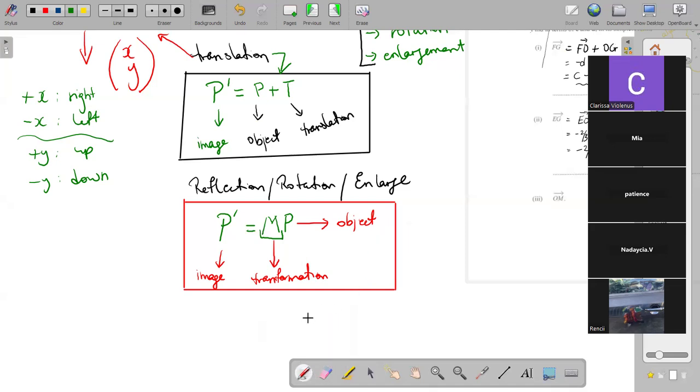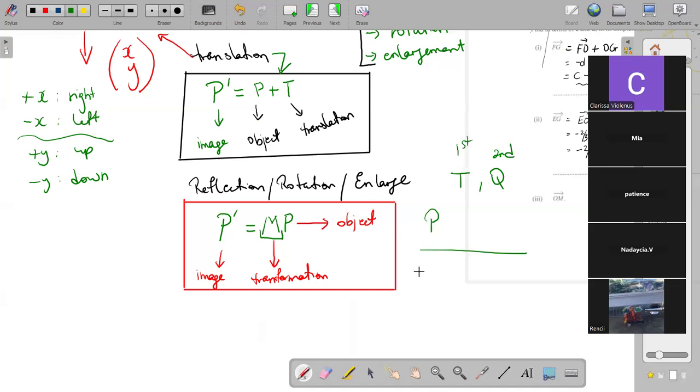There's also something called a double transformation. So for example, let's say I do two transformations on an object P. First, I did a T and then I did a Q. Which option is the correct answer? Remember, this is first and this is second.